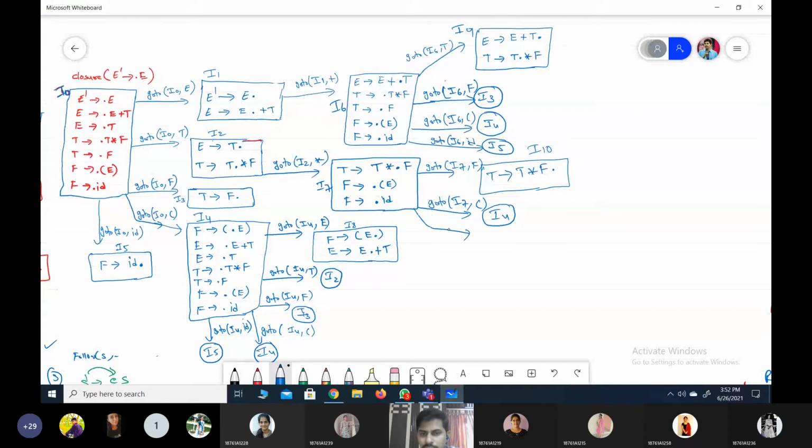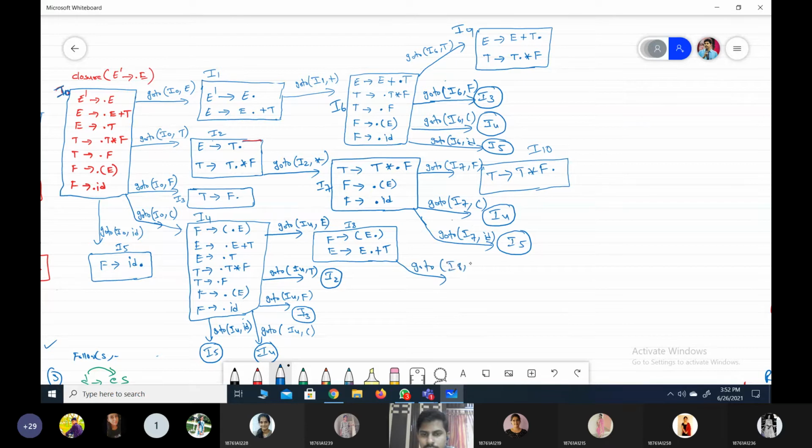If ID is applied, then go to I5. On I7, if ID is applied, then we are moving to the state I5 only. I7 over. What is the next state that we have to cross check? I8, sir. I8.